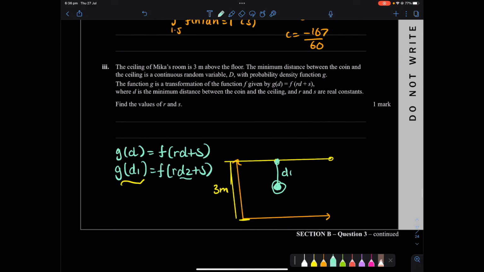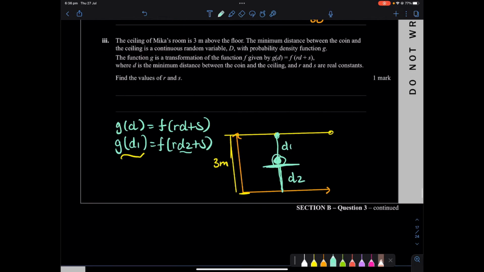So say this is Mika, and this is the coin, this is where d2 is. And what's happened is that there's been a transformation with d2 to make d1. And what is that transformation?